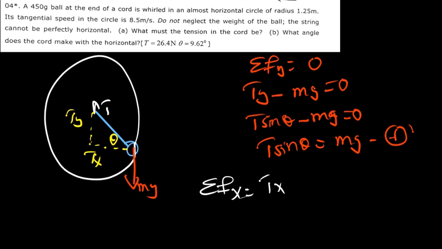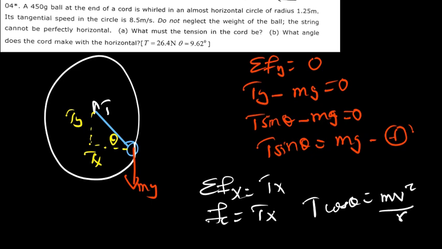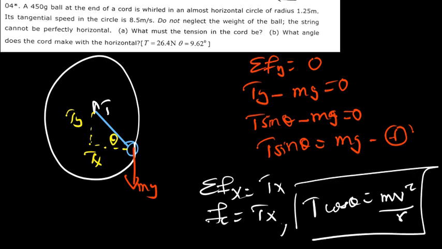So I'm going to say the centripetal force will be equal to Tx. So T cos theta should be equal to Fc, which is mv squared divided by r. Who is behind on how I've gotten this? I'm trying to reach a point where we're going to have one formula.